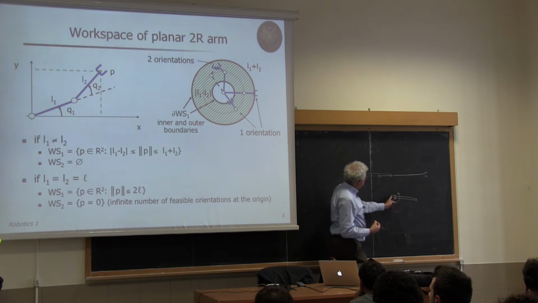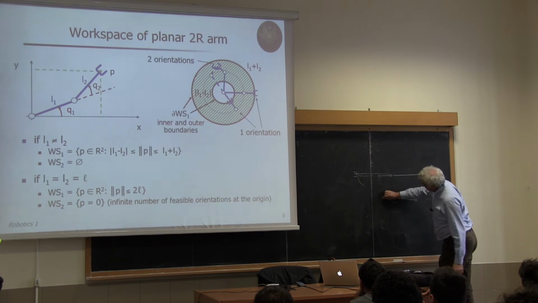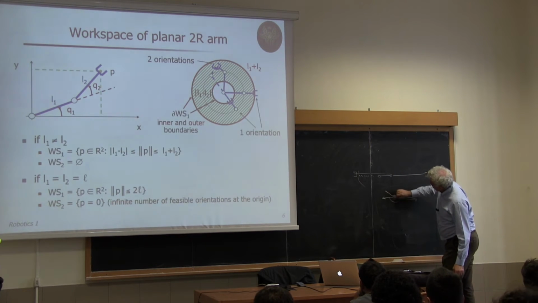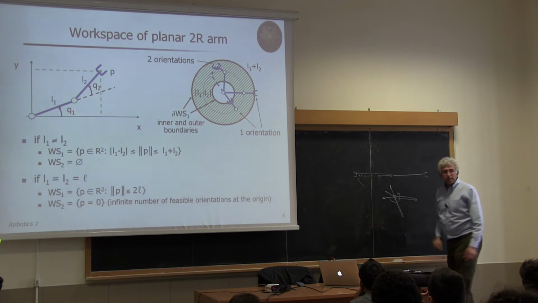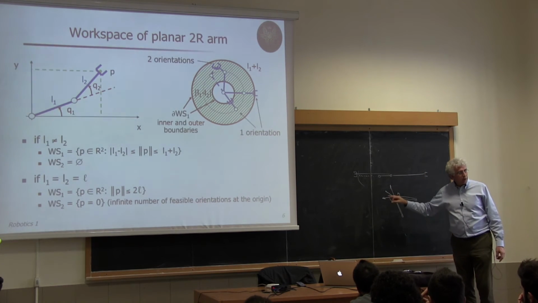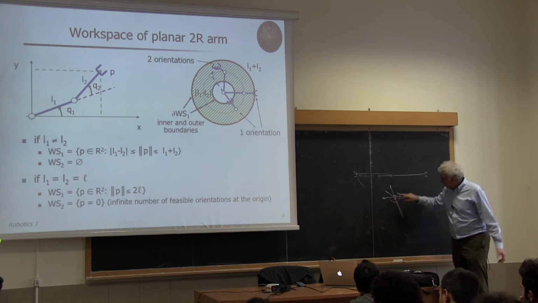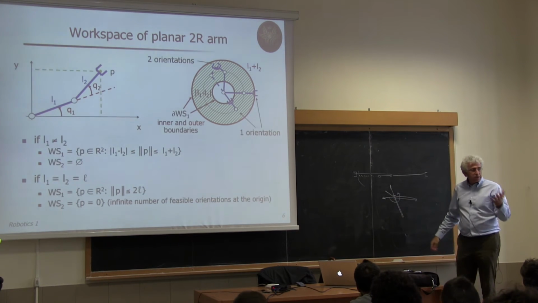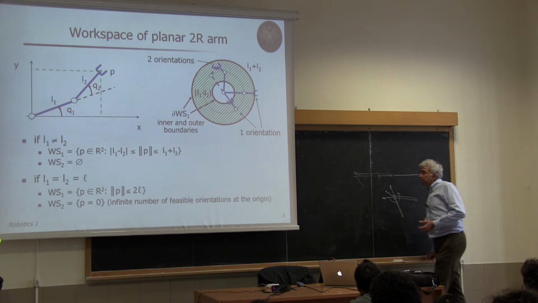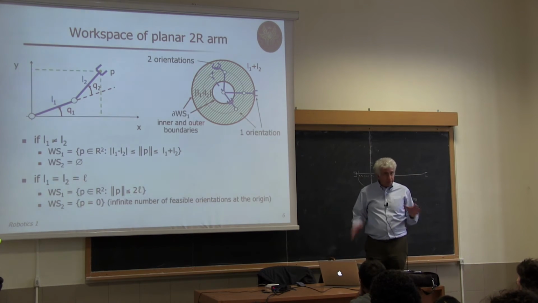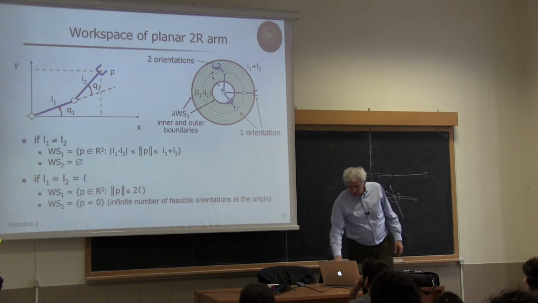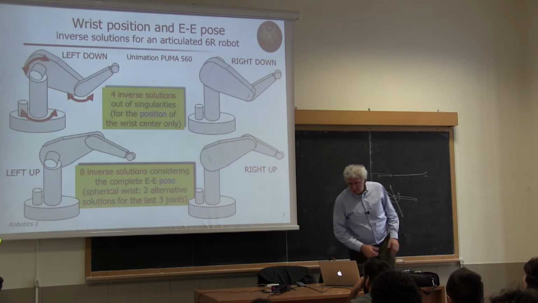So this gripper is pointing now in this direction, but can point there if I move like this, and so on and so on. So any of the feasible orientations. So this single point belongs to the secondary workspace. Okay, it's a simple example, but I hope that you start realizing the differences.